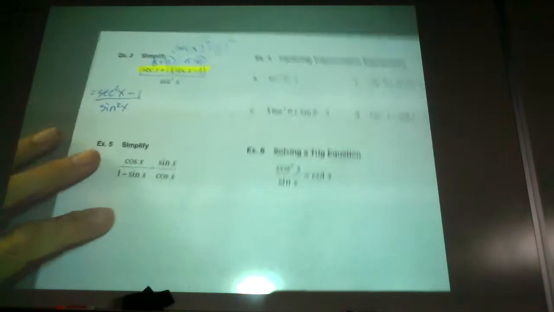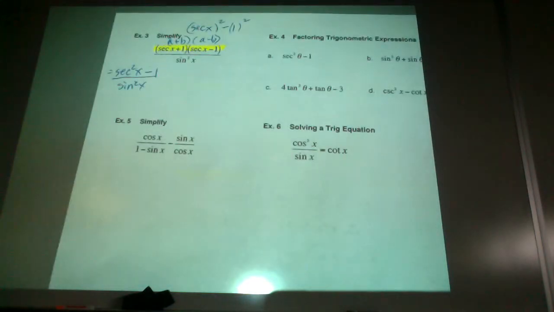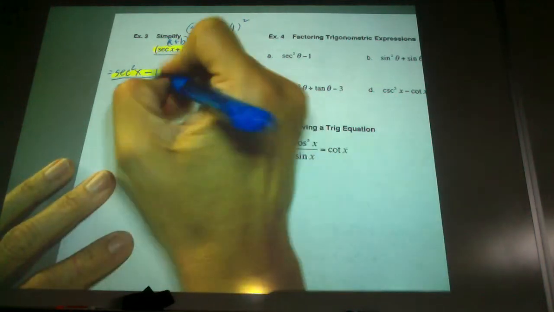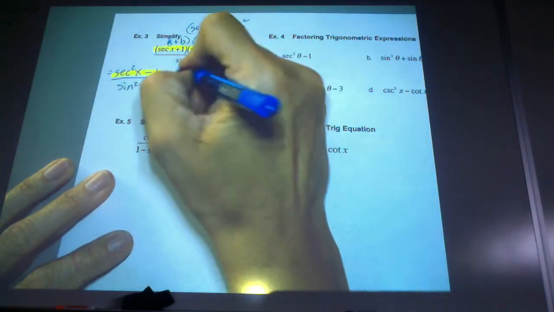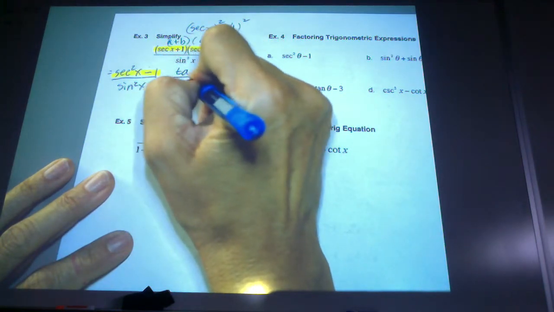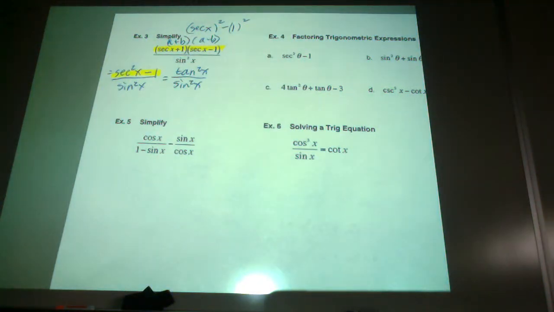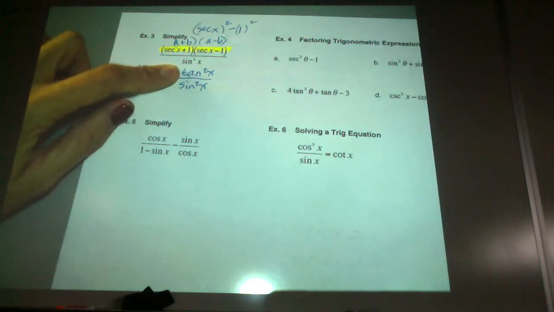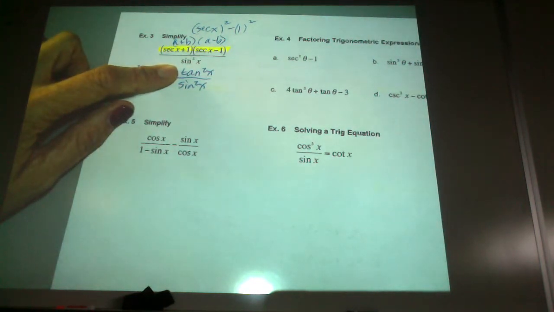So we're going to take this entire value here and replace it with tangent squared of x. We're still over sine squared of x. So I have part of what I want. I said originally I like to change things to cosine and sine. So I have sine. Can I change tangent into cosine and sine? Yes, I can.